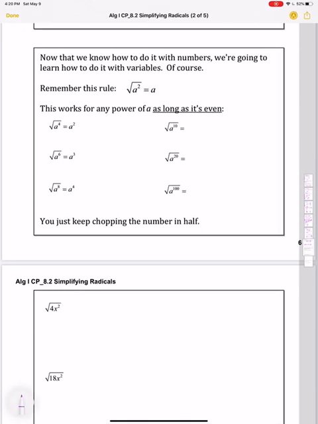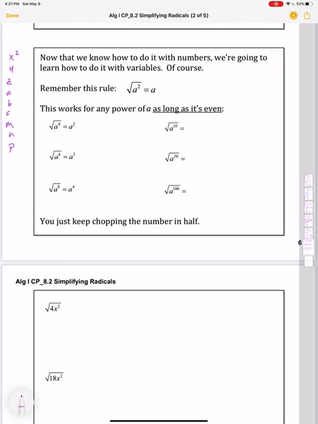So the thing to know here is that any variable is a perfect square. Any letter, X, Y, Z, A, B, C, M, N, P, whatever. They're all perfect squares if their exponents are even. As long as the exponent's even, it's a perfect square.